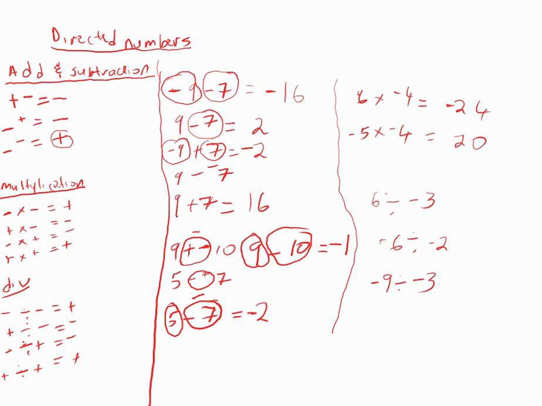So in this case, 6 divided by negative 3. Let's not mind the symbols. 6 divided by 3 is how much? That is 2. So we check, 6 is positive and 3 is negative. Since it's different signs, it's negative.